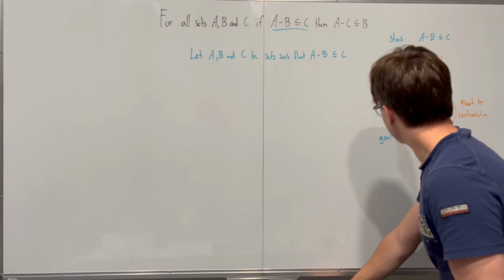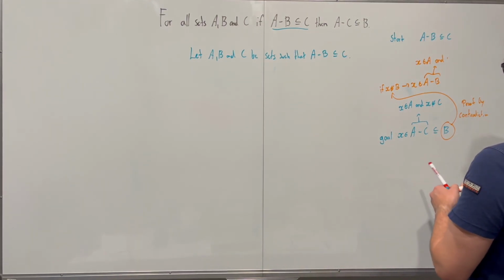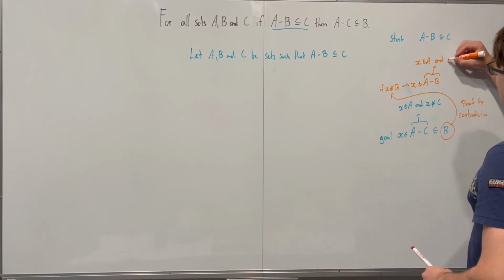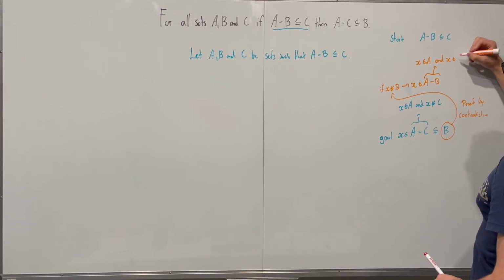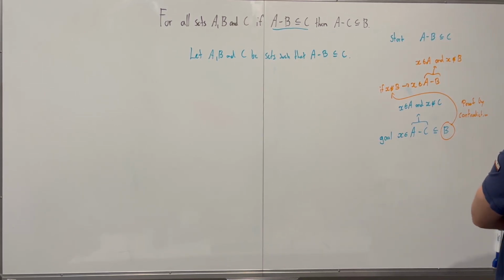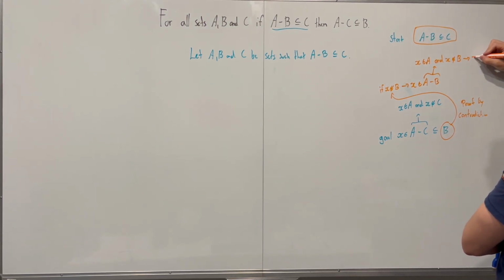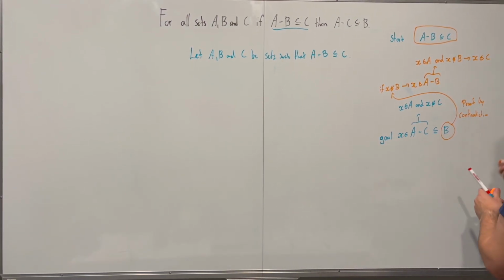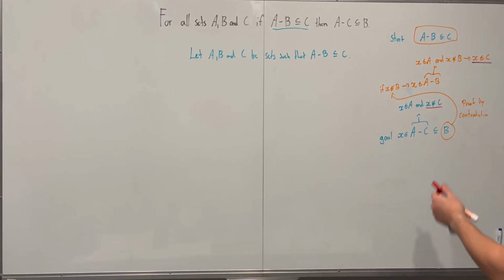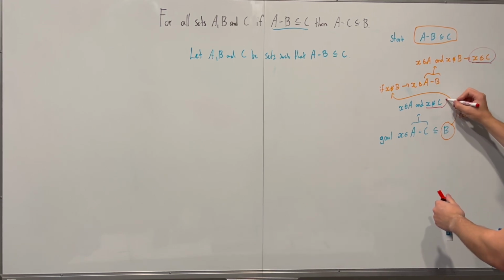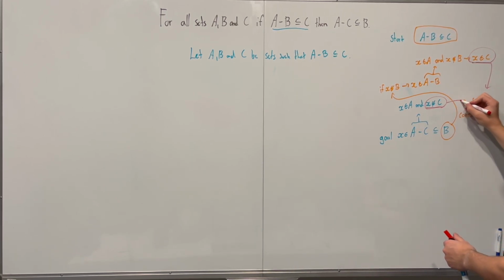So x is an element of A and it's not an element of B. And since we assumed this to be true, then x would be an element of C. But notice, if we're saying x is an element of C, but it's also not an element of C, this is going to be our contradiction that we were looking for originally.